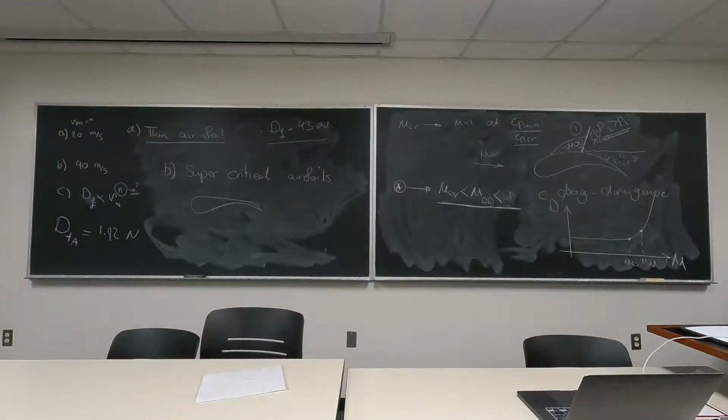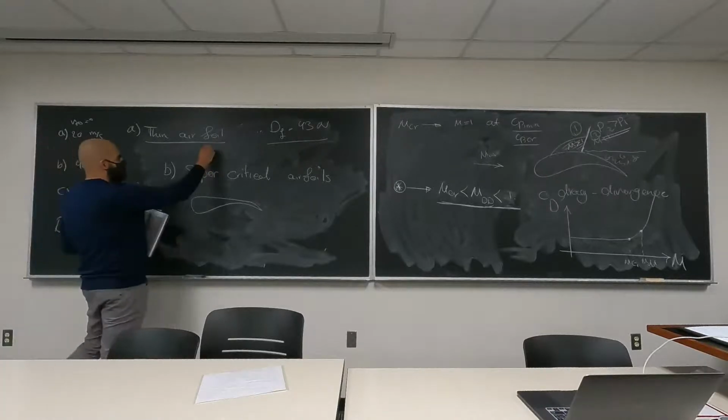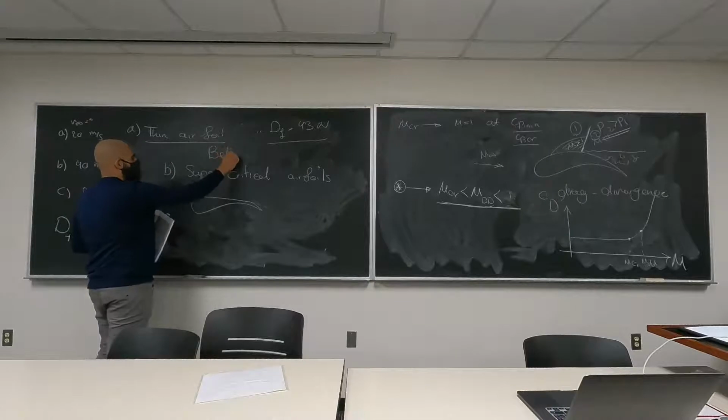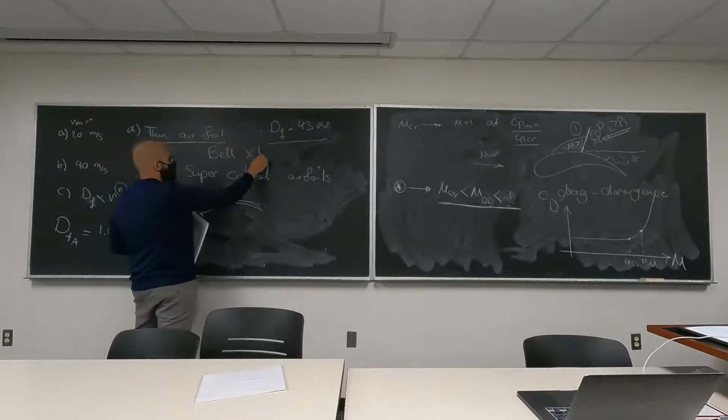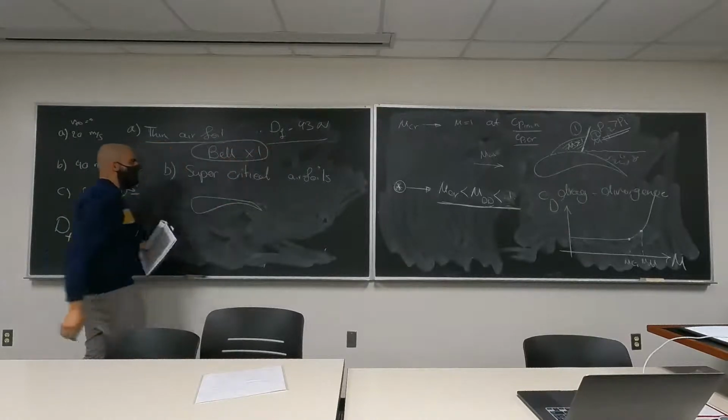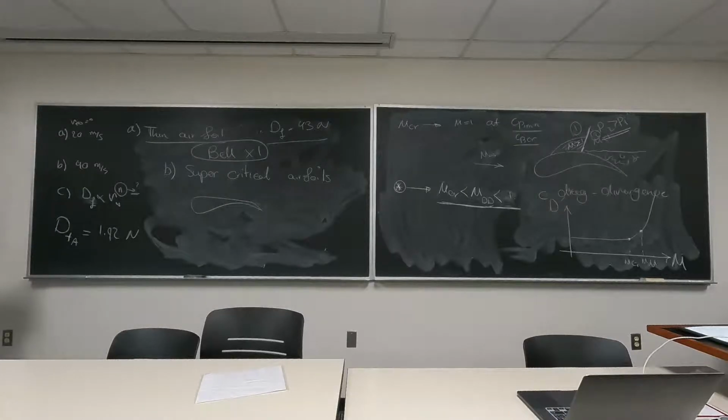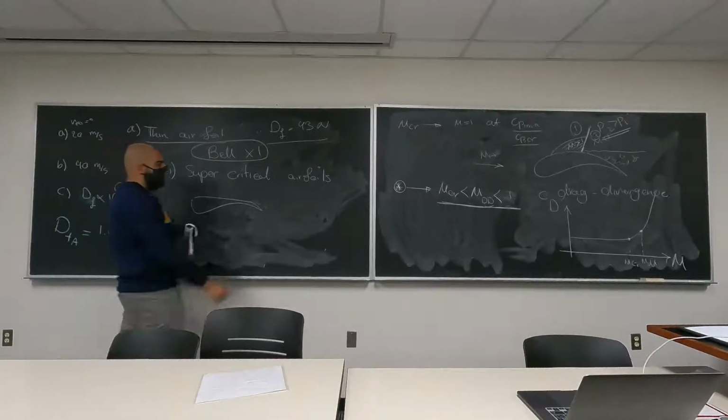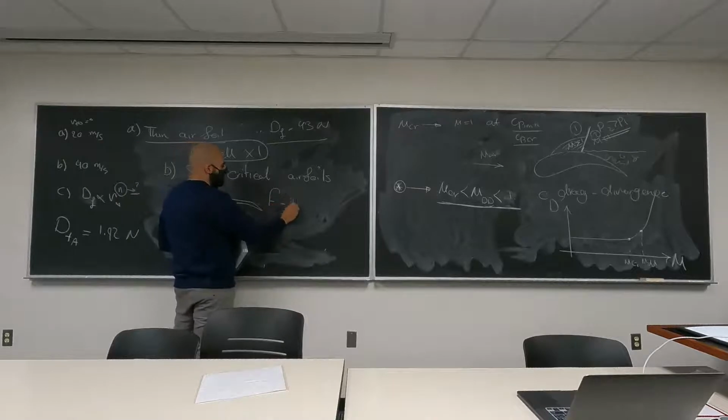Yeah, but the first use of these thin airfoils was on the Bell X-1, which I'm hoping you're familiar with. This is a very famous aircraft, not a very practical one though. And the first use of this one was on the F-8.